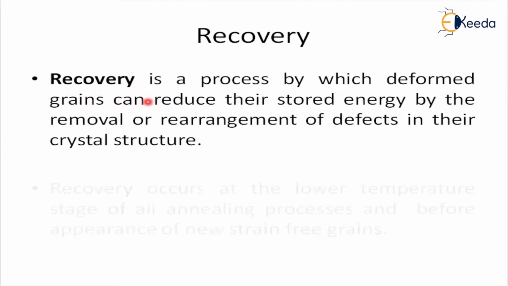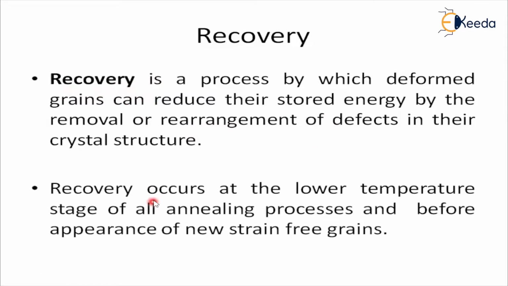The main salient feature of recovery is that this occurs at a lower temperature. So that means a small temperature is needed to do this process, that is the recovery process. And when compared to recrystallization or grain growth, the recovery process is observed before new strain-free grains are formed.